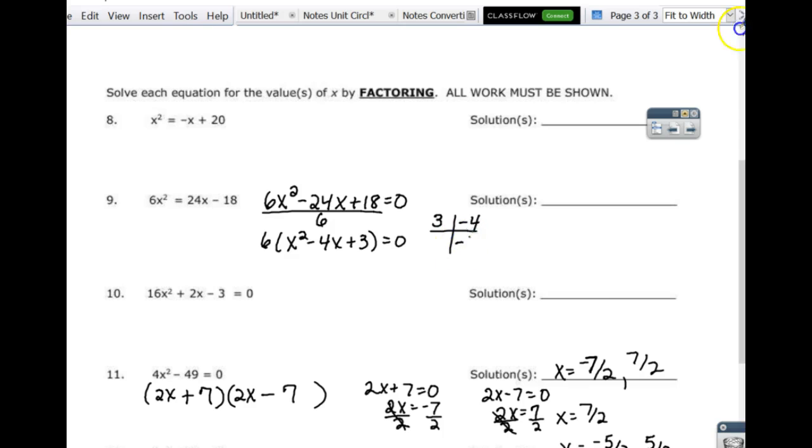So it's -1 and -3. So if I put that in my parentheses, this one doesn't have a variable, so I don't get an answer from that one. How about this one? What's the x equal to here? 1 and 3.